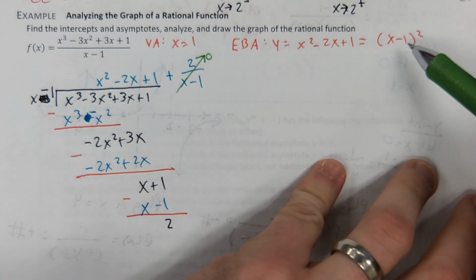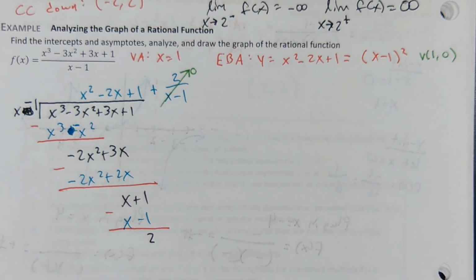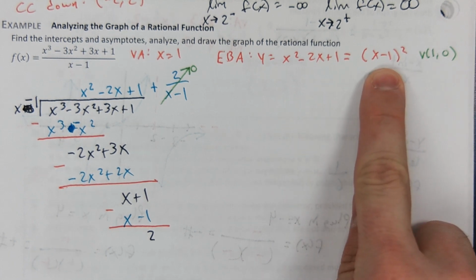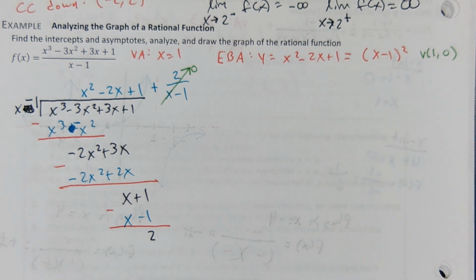The vertex of this asymptote will be at 1, 0 because it's in vertex form. 1 makes the inset equal 0 and there's no vertical shift on the outside.